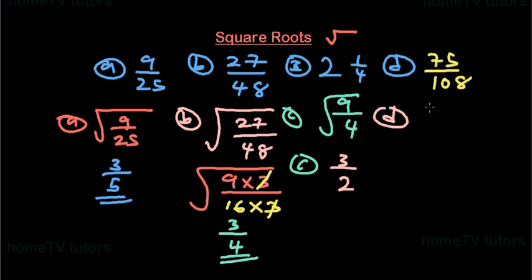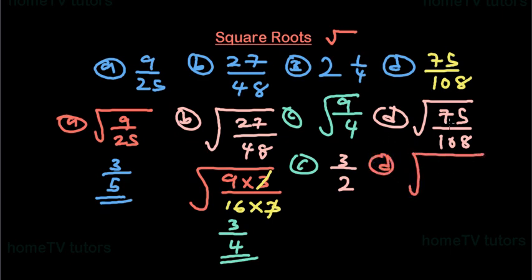Then now we are left with finding the square root of 75 over 108. So the same thing, you split this out, you try to get a square that is going to multiply with another number, okay? So in this case, it's 25, which is a perfect square. Then if you multiply that by 3, you know definitely it's going to give you 75, okay?